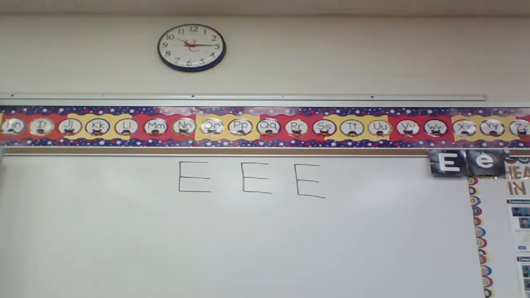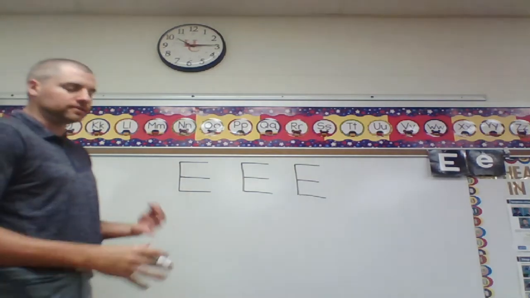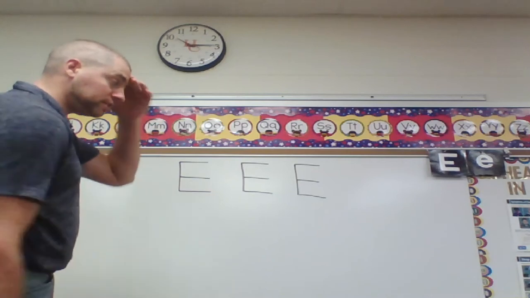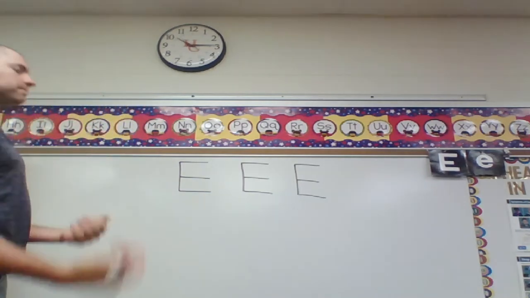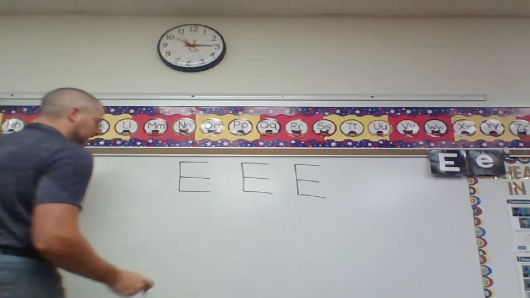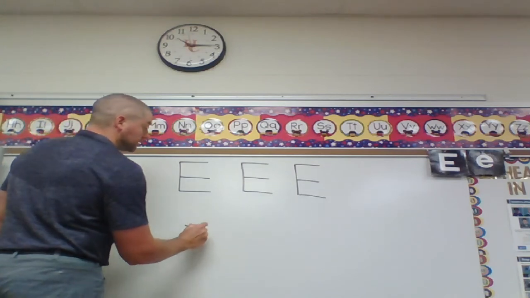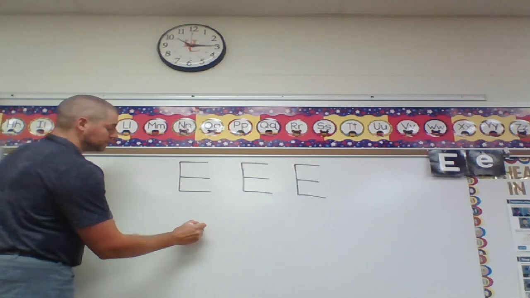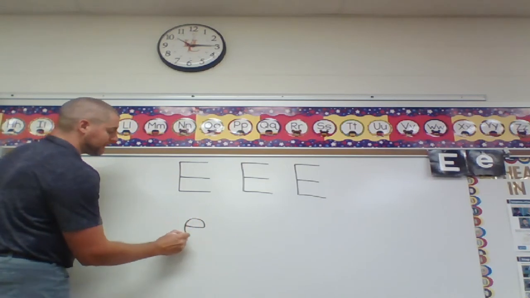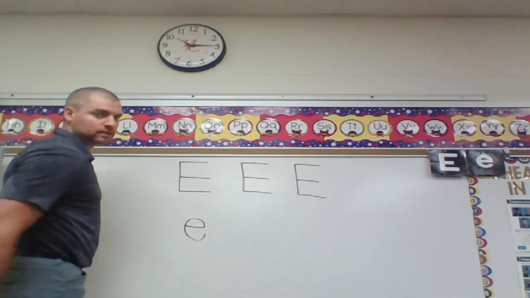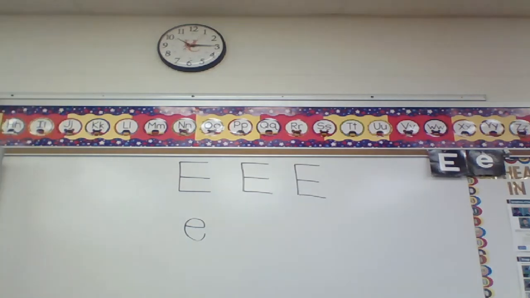Okay? Now let's talk about lowercase e. Lowercase e can be a little trickier. So let's see how this works. On your paper, you're going to start in the middle line, and you're going to make a little line out this way. You're not going to pick up. You're just going to loop it around and stop to make the shape of our lowercase e.